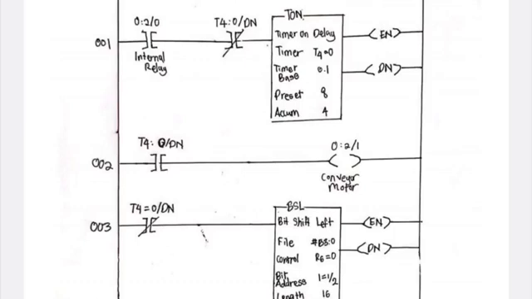Then the timer is in auto reset mode by T4:0/DN in series to it. Rung 003 and rung 004 are used to operate the bit shift register and capping machine output 2/2. Whenever the conveyor motor is in run mode and the bottles are detected by the proximity sensor input 1/2, it sets the B3:0/0 bit, which is shifted left when the conveyor motor runs for a moment.